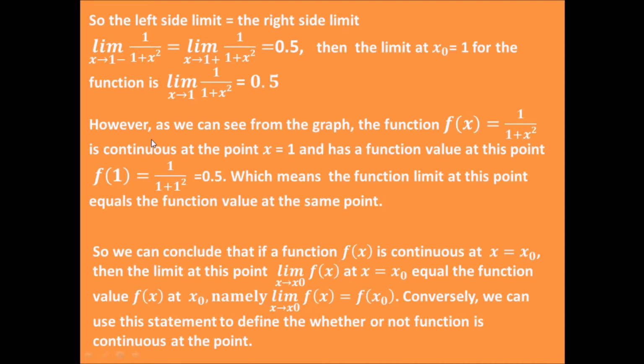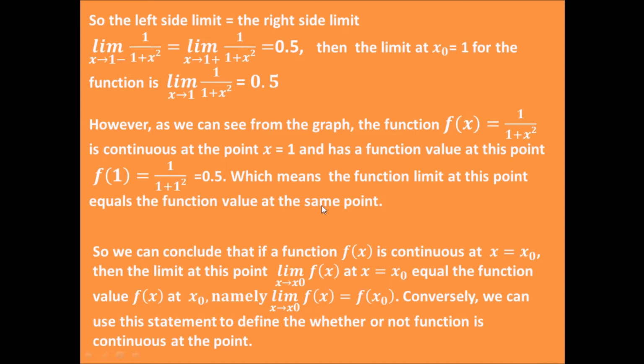However, as you can see from the previous graph, the function f(x) is continuous at the point x equals 1, and the function value at this point equals 0.5, which means the function value equals the function limit at this point.